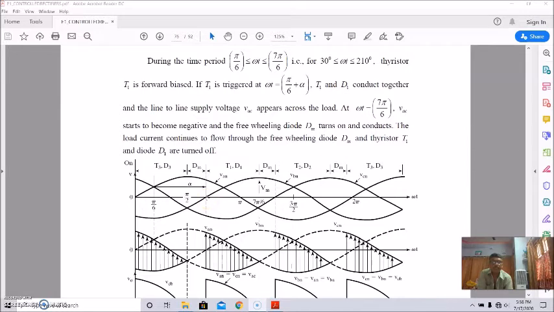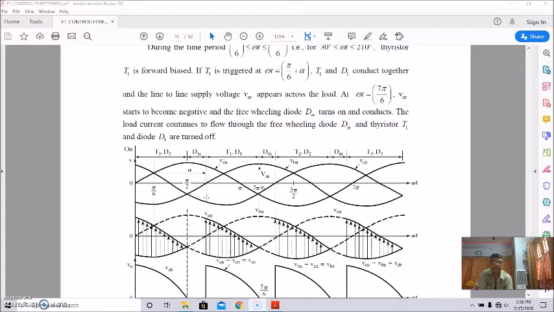This thyristor T1 and diode D1 conduct together, and the line supply voltage VAC, which is nothing but the difference between VAN and VCN, appears across the load.